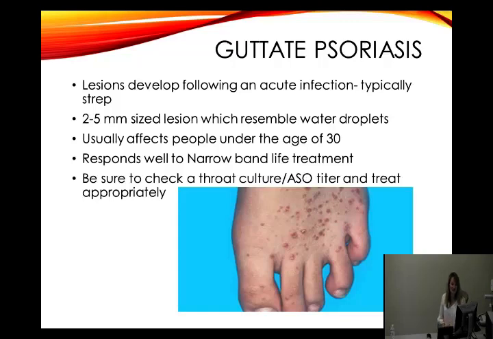We don't usually see it once you hit that age. It responds well to narrowband light treatments. When somebody comes in and we're suspecting it, we will check a throat culture and also an ASO titer. If these are positive, we treat that strep infection even if it's late, and then we start treatment of the guttate psoriasis.